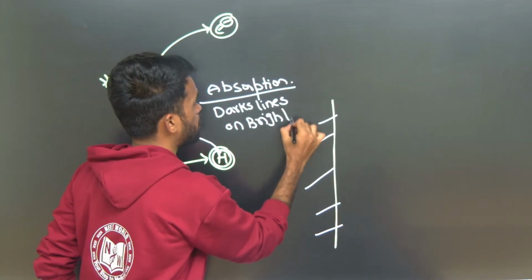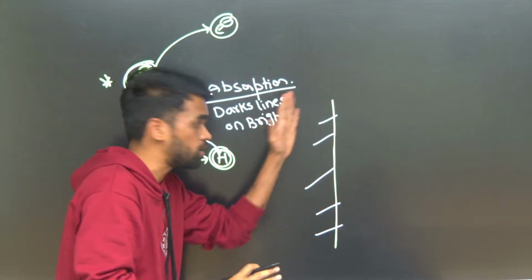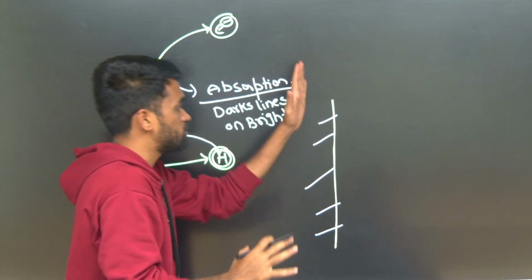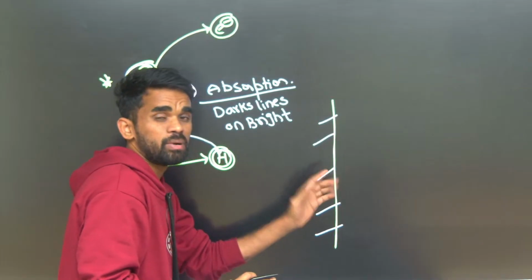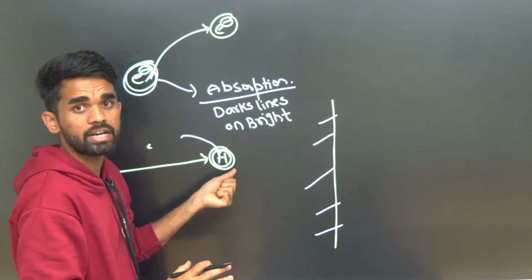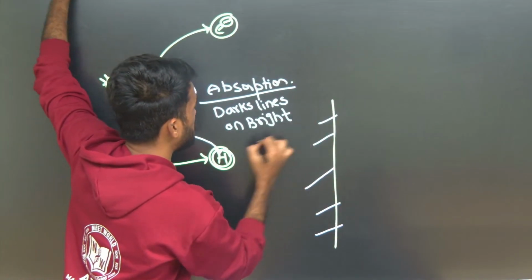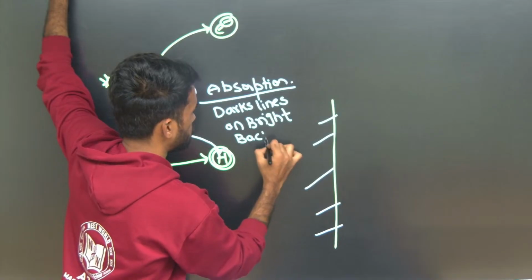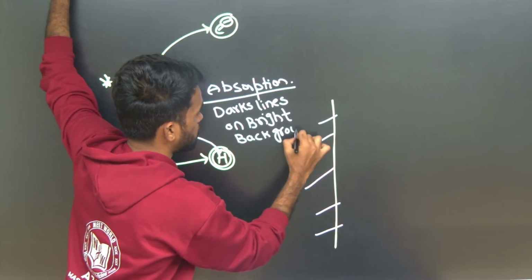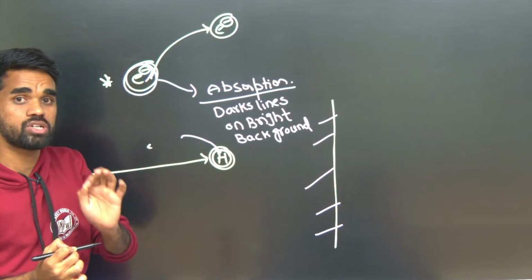I say bright background because all the wavelengths are falling onto this photographic plate, but a few lines were missed, which were absorbed by this hydrogen atom. So we'll get dark lines on a bright background. Okay, so this will be the scenario in the case of absorption spectra.